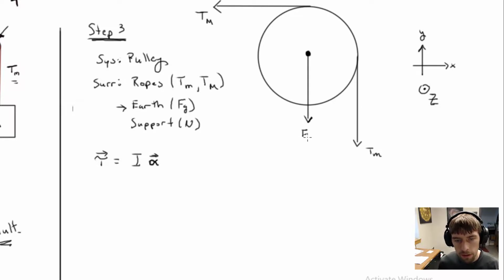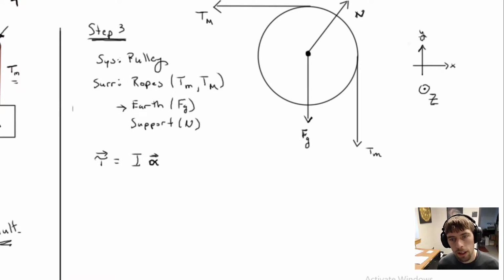I've placed the axis of the pulley right at the center of mass, so the gravitational force is right there. How about the support? Where's the normal force from the support located? Also at the axis. I said, let's put this support at the axis. So here's what I'll call my normal force.